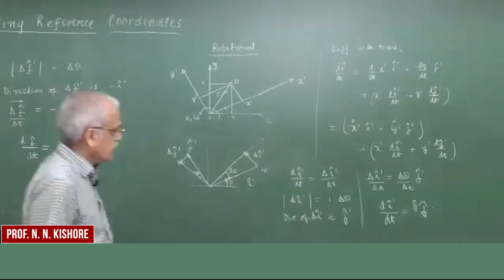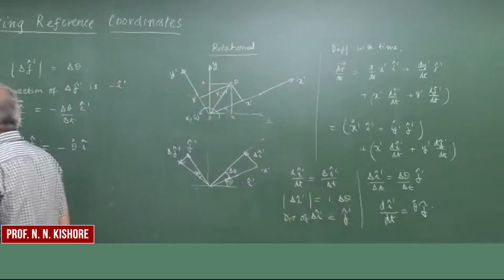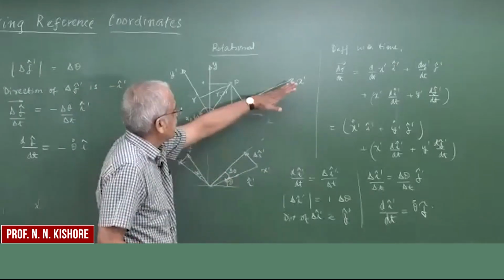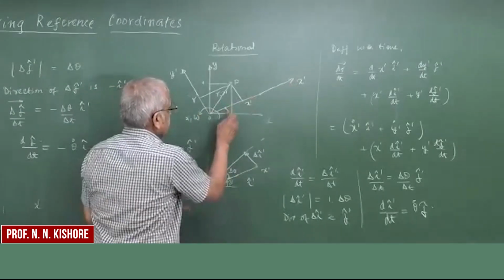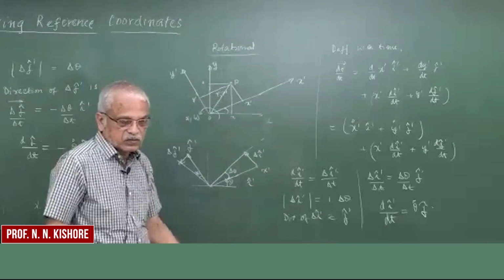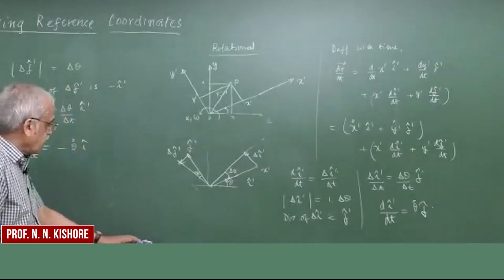This is the time derivative of the unit vectors because they are rotating. This i prime, because there's a theta change, is moving with a certain velocity. d theta by dt is called theta dot, or you call it omega.